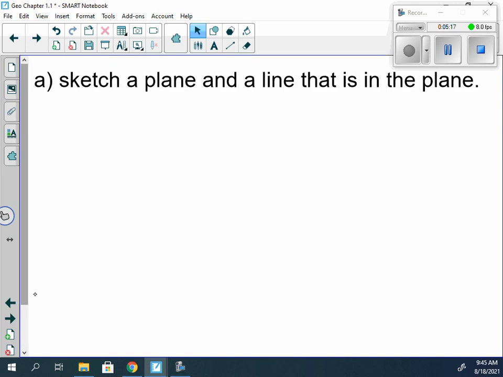Time for the challenging stuff. I want you to try, make sure. Okay, we're good. Sketch a plane and a line in the plane. Give it a try. I want you to try sketching a plane and a line in the plane. Very close.